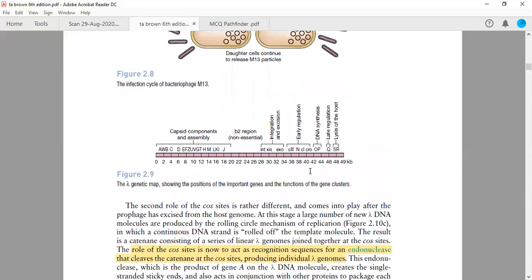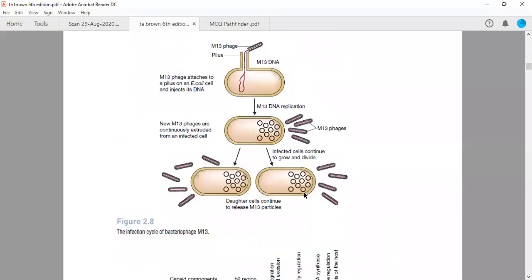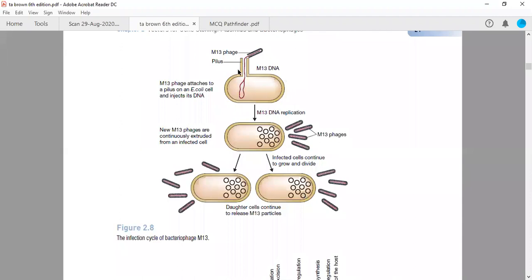Right, so for the second role of the pilus, this is the pilus, and this is the E. coli cell. Generally this pilus is a tube-like structure which grows as a surface appendage on this particular bacterial cell.